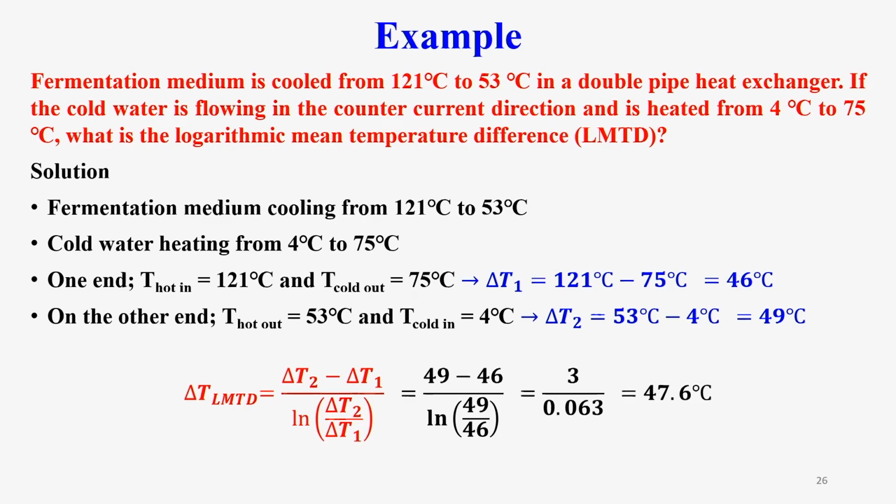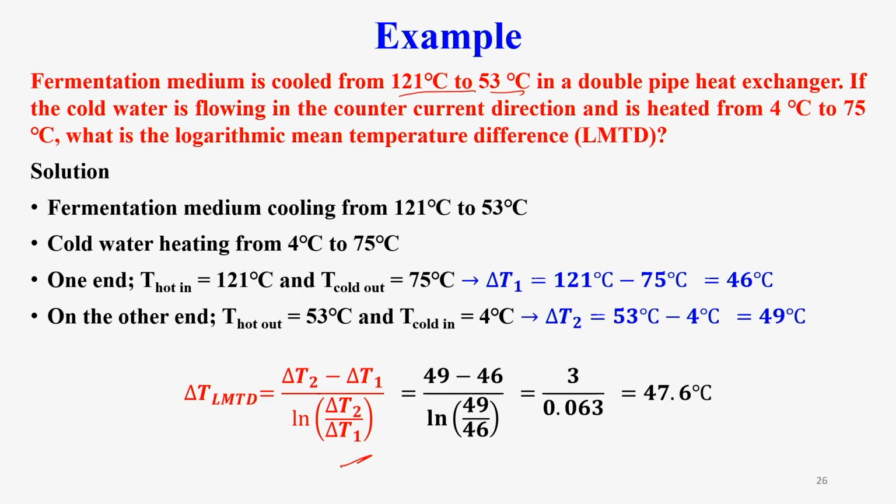Now we will see one example to calculate this log mean temperature difference. Fermentation media is cooled from 121 to 53 degrees centigrade in a double pipe heat exchanger. The cold fluid is flowing in the counter current direction and is heated from 4 to 75 degrees.